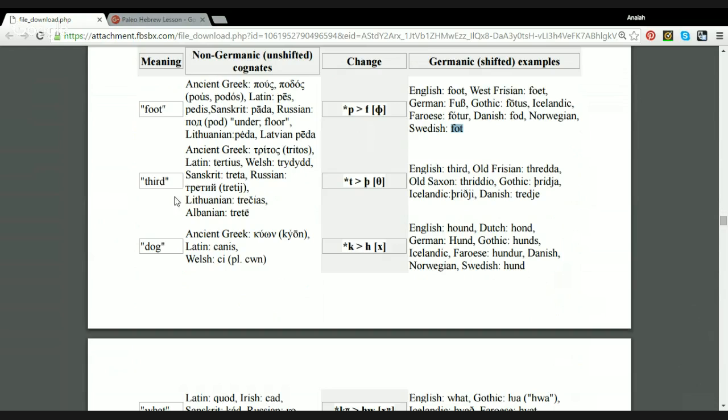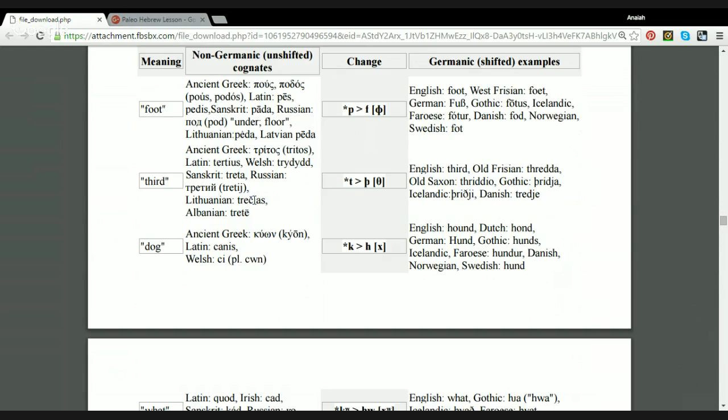And here we've got the word for third. In Greek, it's tritos. So it's like third, T-H-R-D, but here it's T-R-T, tritos. Latin is tertius. Welsh, tridid. Sanskrit, treta. Russian, tretij.